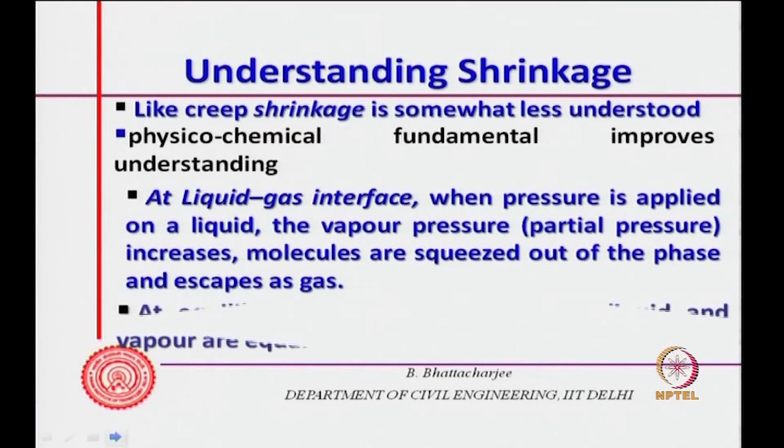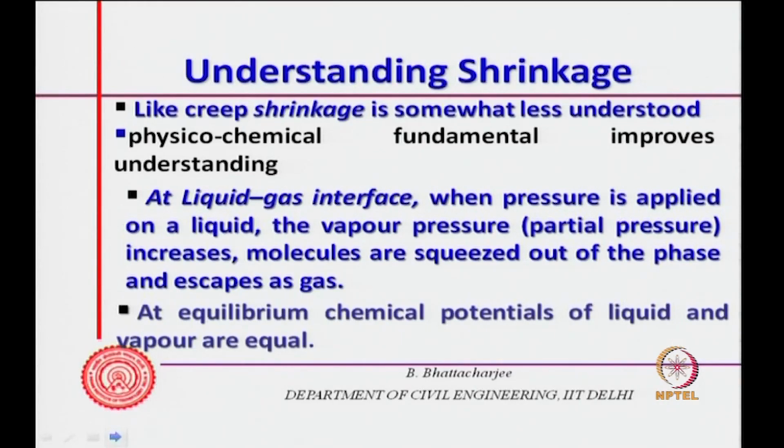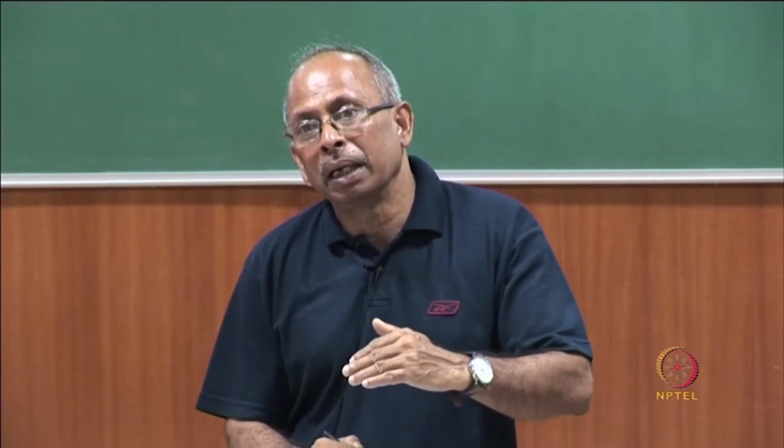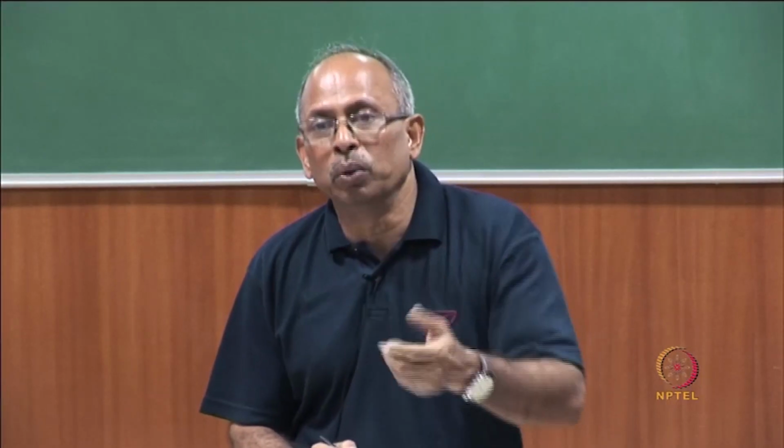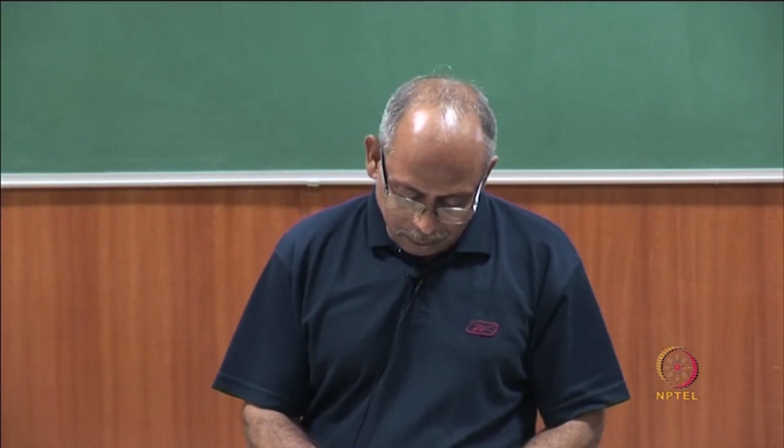Now, if equilibrium is established, then the chemical potential of the liquid and vapor must be equal. At equilibrium, no movement is taking place. All right. So, for movement you need the potential of one to be higher than the other. You applied pressure to the liquid, which actually increases the potential, therefore the molecules will move out as vapor.